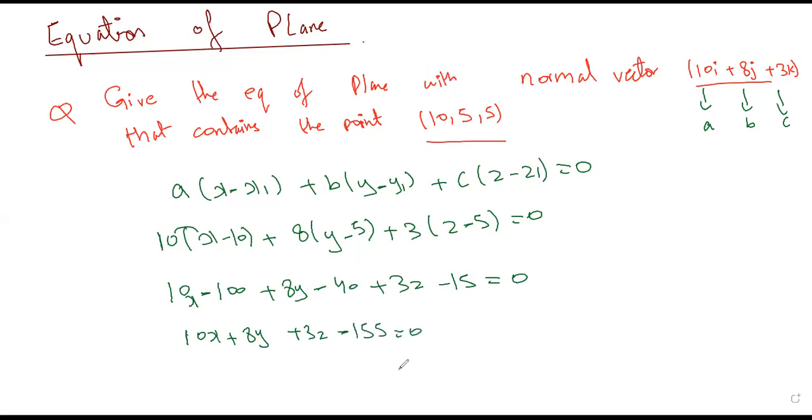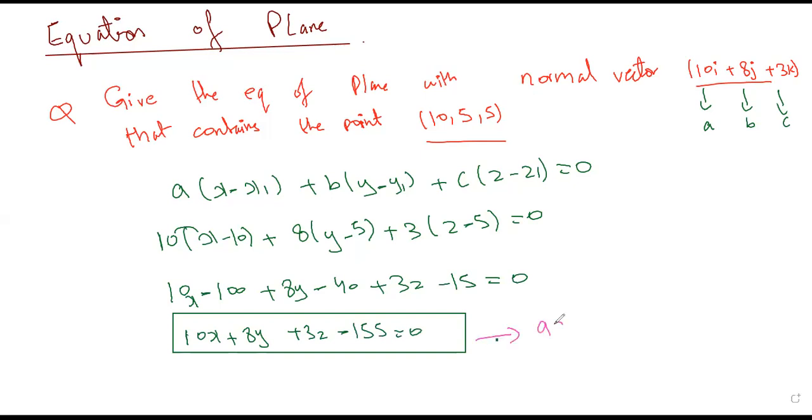Now, what is this form? This form is again the very first form which we talked about when we were talking about the equation of a plane. This is basically ax plus by plus cz plus d equals 0, right? Where d is minus 155 and a, b, c are 10, 8, and 3, right?